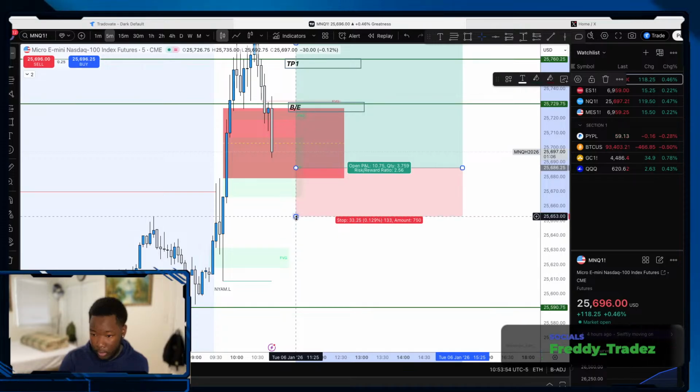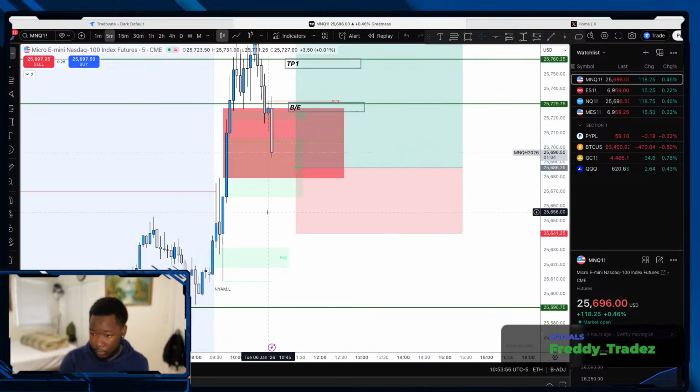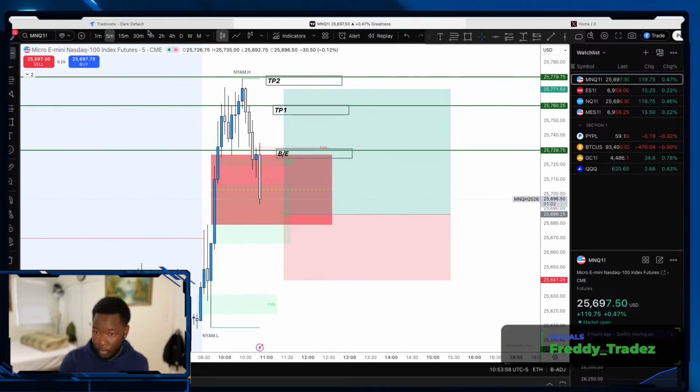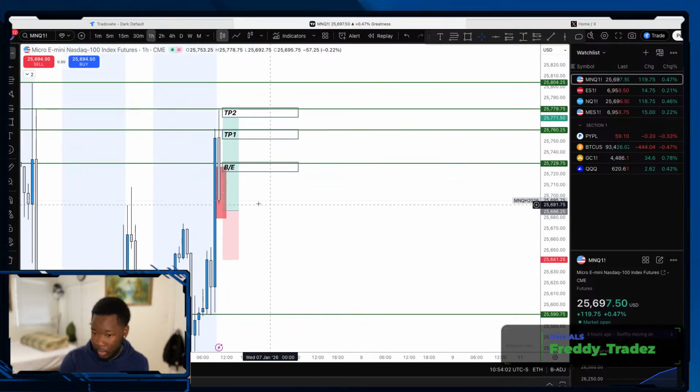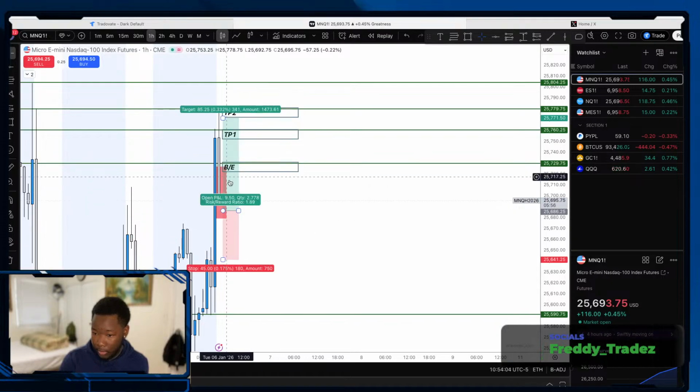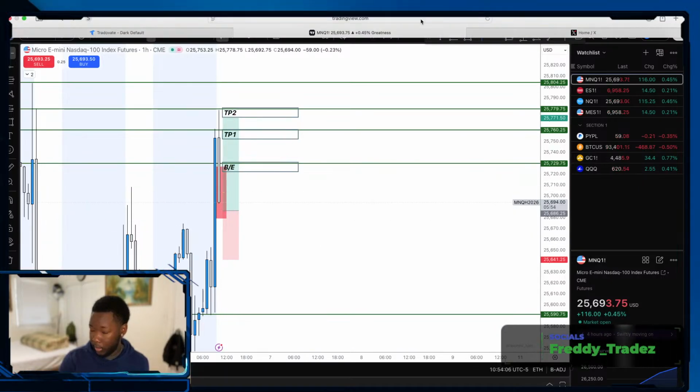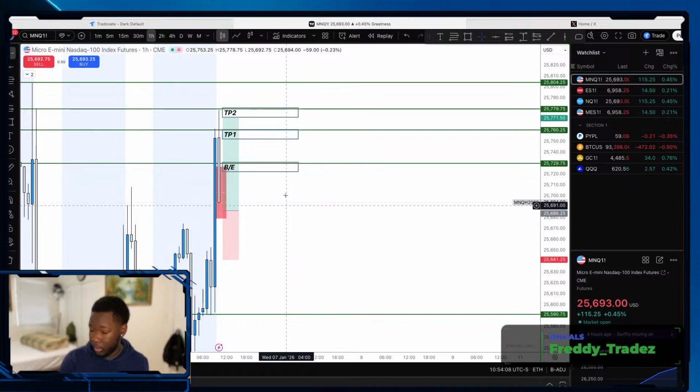It's like right here. Only thing is the hourly is near to closing, so if we could close and then get a pullback down on the next hourly, right?